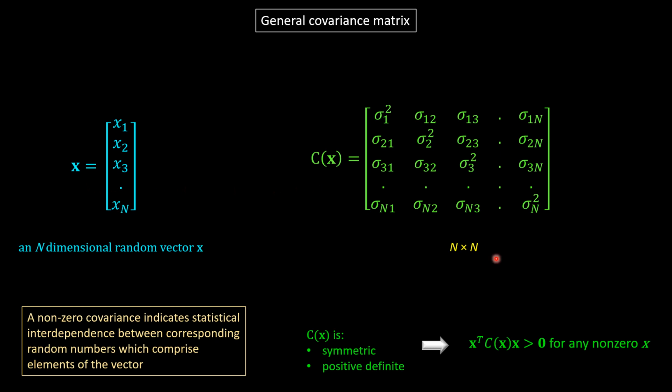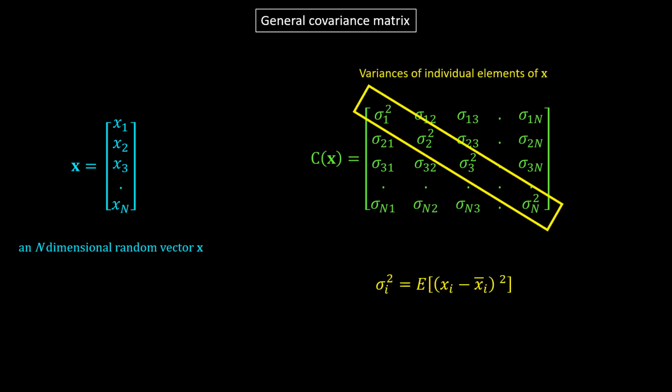It's square, it's symmetric, but more than that, it's positive definite. That means for any non-zero vector x, this relationship is obeyed, and that's a special relationship for a special type of matrix.